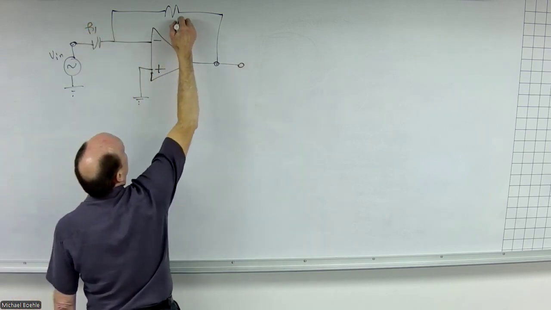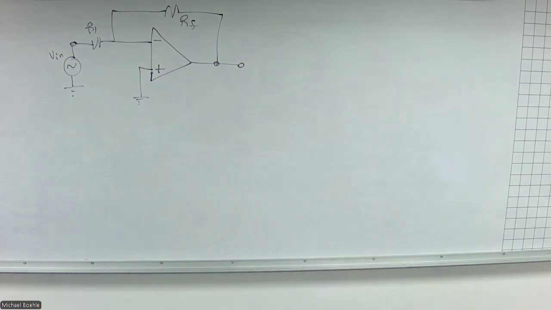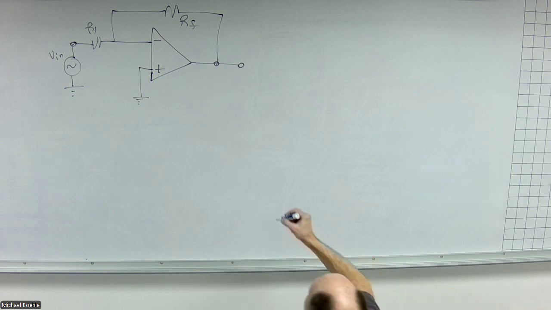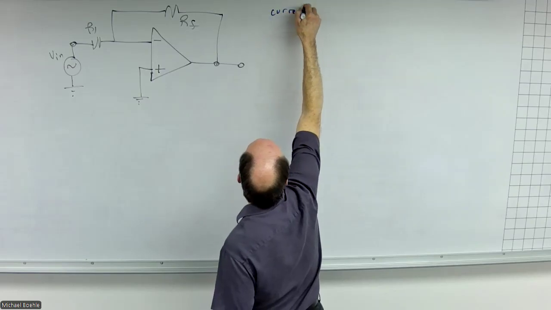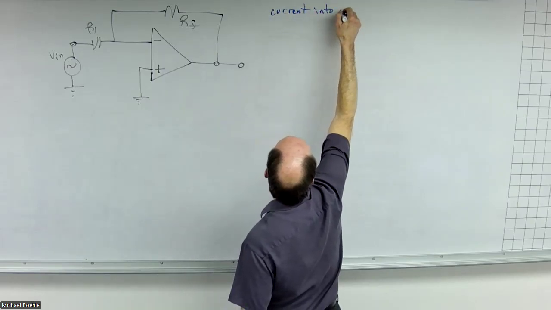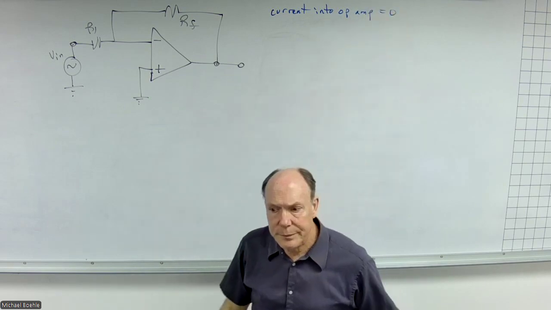First assumption: because of the very high input resistance of the op amp, we're going to assume the current into the op amp is zero.